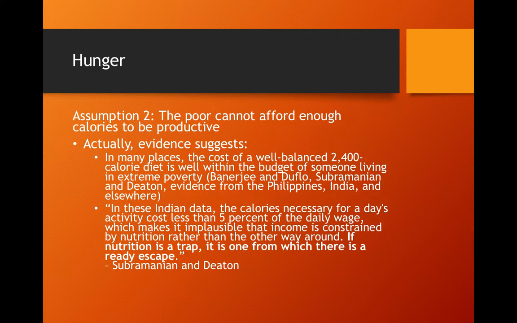And I bolded this last part because it's important: if nutrition is a trap, it is one from which there is a ready escape. So they don't really think that there's this calorie poverty trap. And Banerjee and Duflo are on the same page with them. They think that in many places, the cost of a well-balanced 2,400 calorie diet is well within the budget of someone living in extreme poverty.